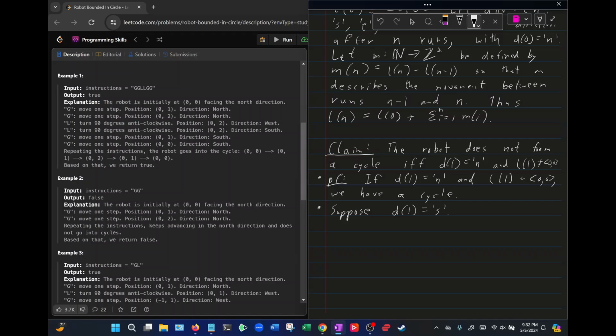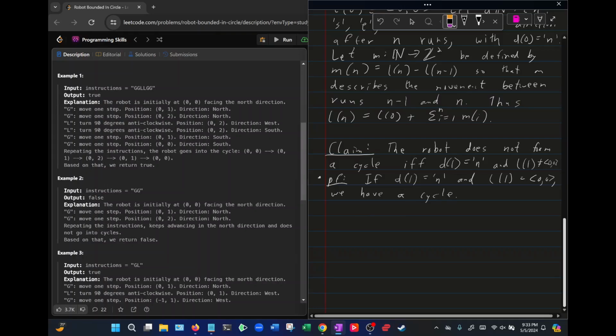Okay, so let's actually do this. We're going to let M1 be (X, Y) throughout this proof, because this is going to really help us, because all of the other movements can be defined relative to M1.